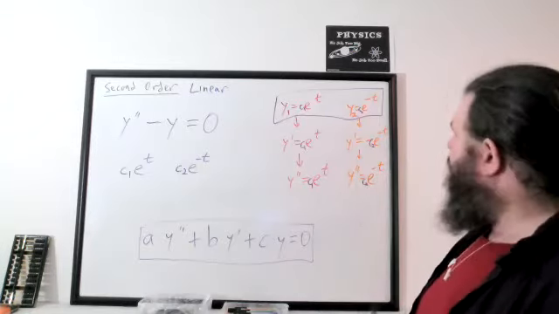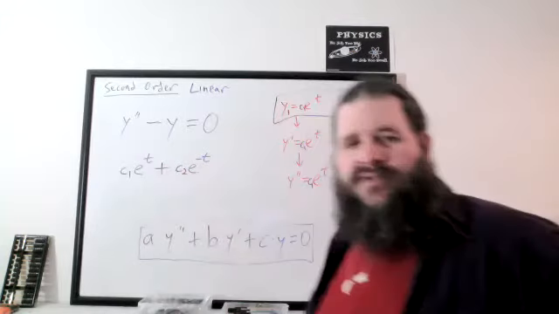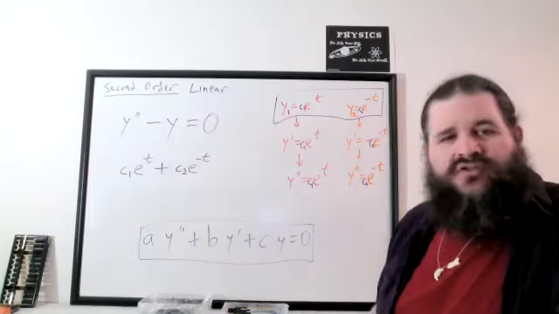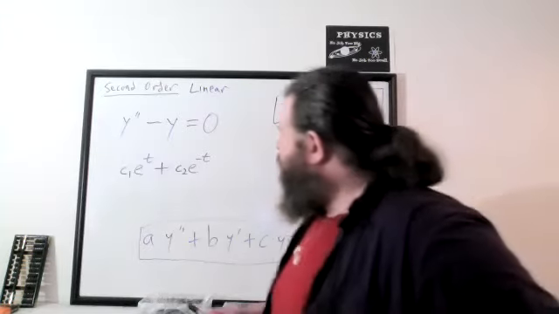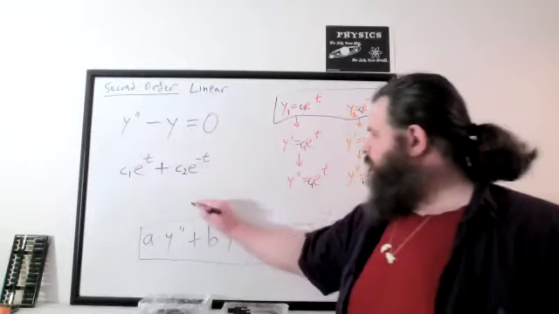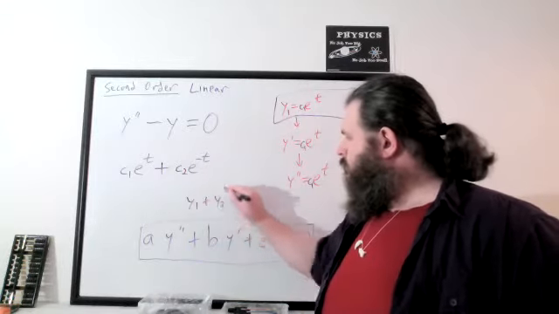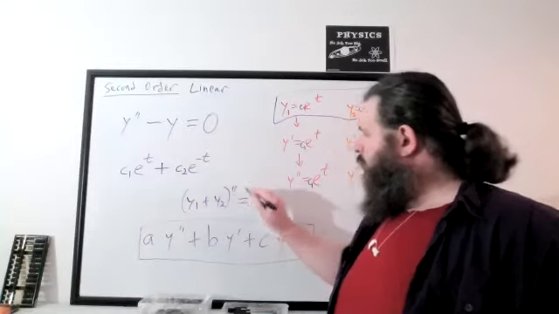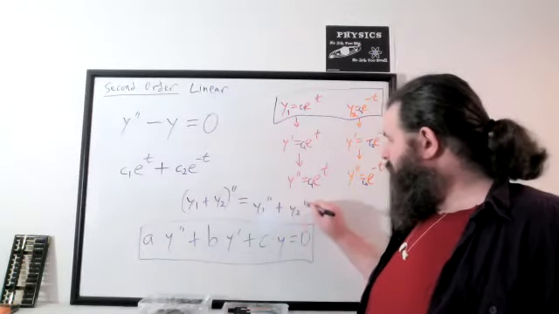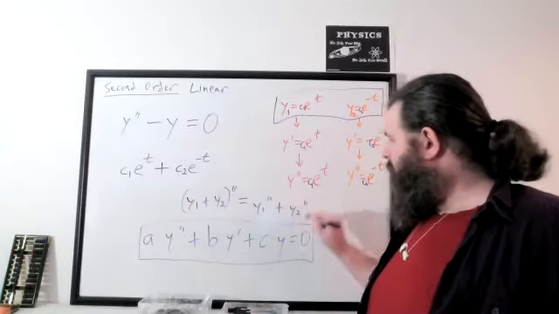And yeah, we can also add them. Because if you add them together, the whole idea of derivatives distributes across addition. If you take the second derivative of y1 plus y2, the second derivative distributes. You get y1 double prime plus y2 double prime. And then we're subtracting y1 plus y2.